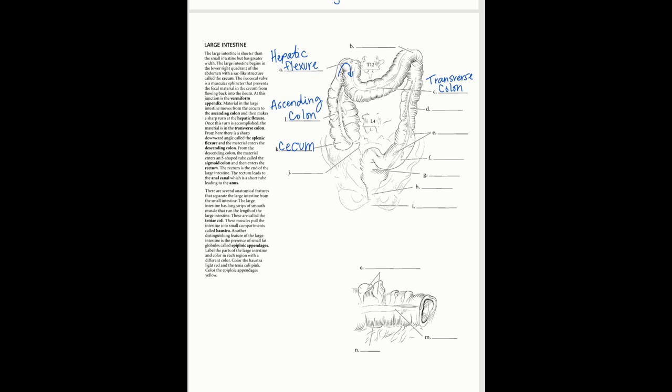From there, you're going to hit another sharp angle called the splenic flexure. That's because this is where the spleen is near. And then as soon as we start moving downward, we refer to it as the descending colon.